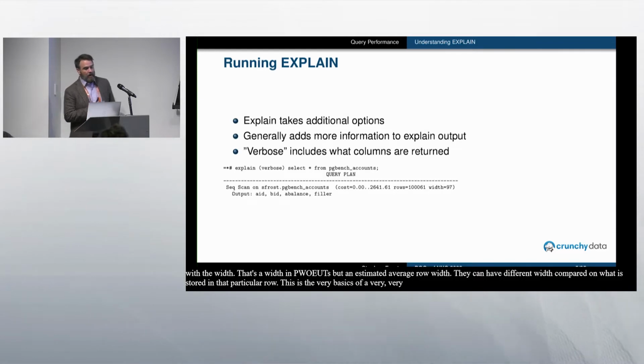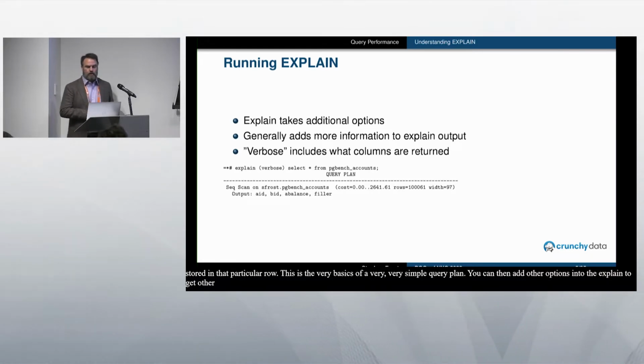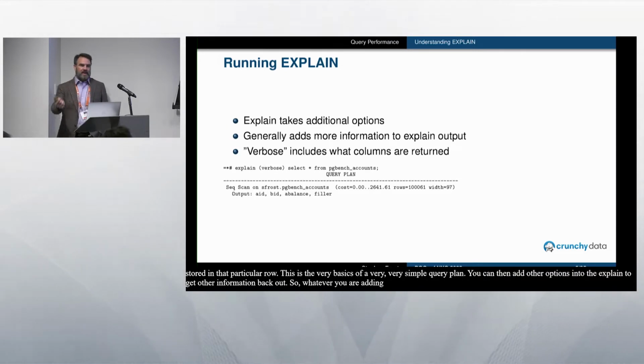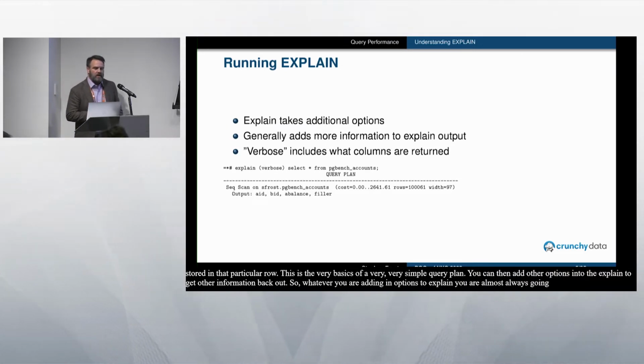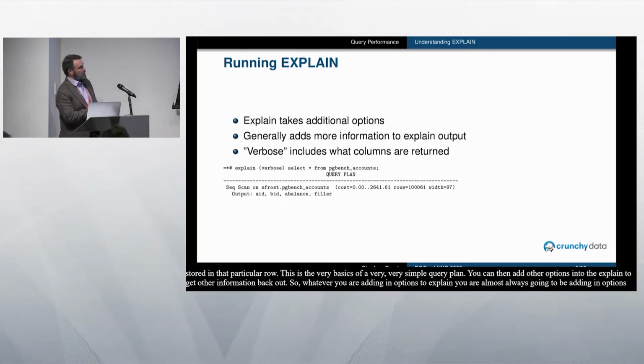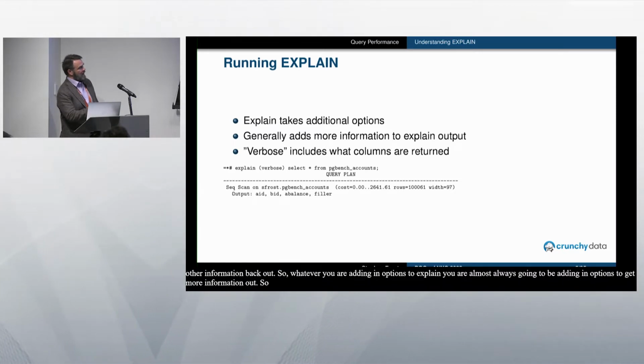You can then add other options into the explain to get other information back out. Whatever options you add to explain, you're almost always adding them to get more information out. So verbose, for example, will give you the columns that are going to come back from each node.